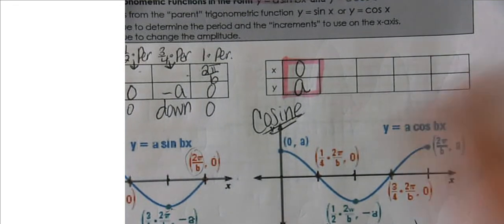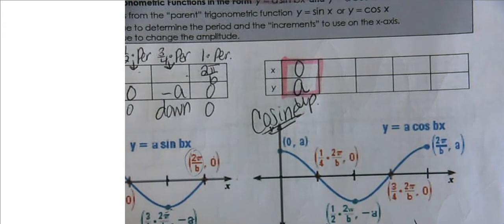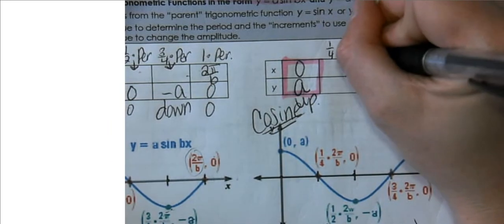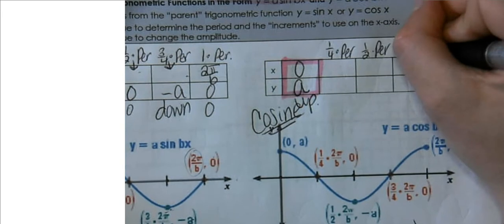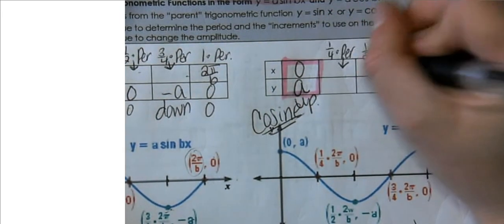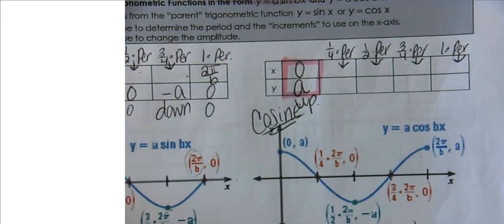It starts up. When it comes to finding your x values, we're going to follow the same exact steps as before. It's going to be 1/4 times your period, 1/2 times your period, 3/4 times your period, and 1 times the period. And those values are going to go right here into the x position of your table.